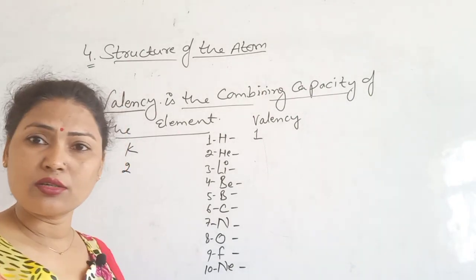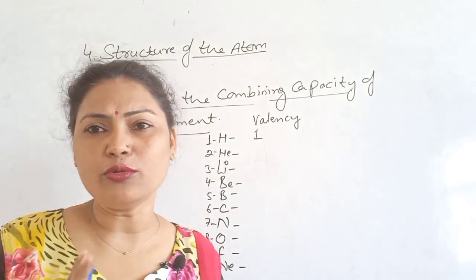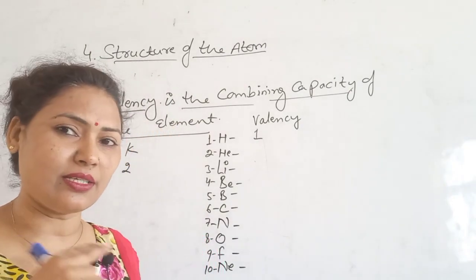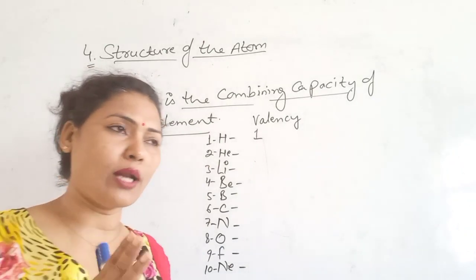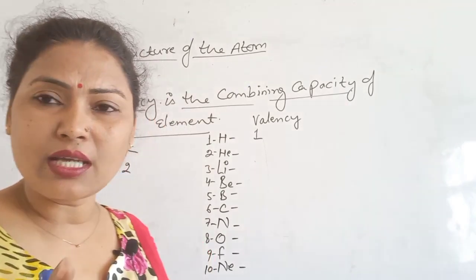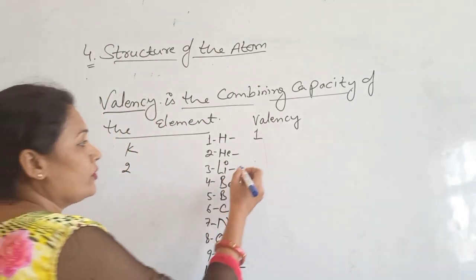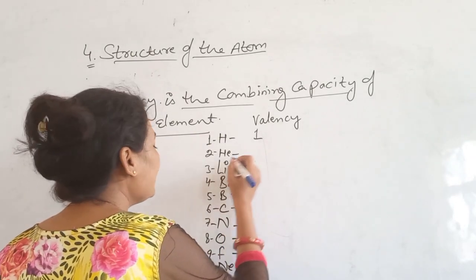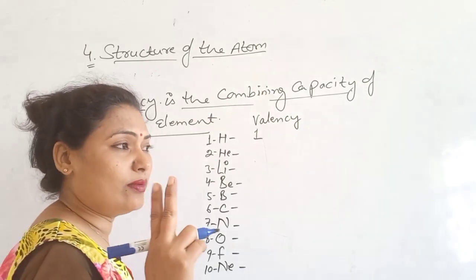It is duplet, meaning K shell contains a maximum of 2 electrons, and 2 electrons are completely present in that K shell. So we have no need of 1 or 2 electrons. That's why it is completely filled. It is in duplet. Okay. So we will write here its valency is 0 because it contains the maximum electrons in K shell.